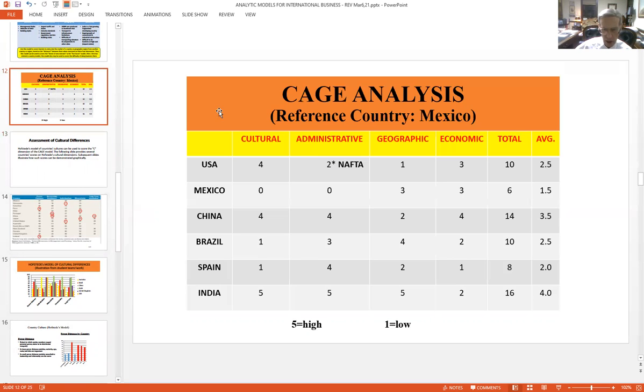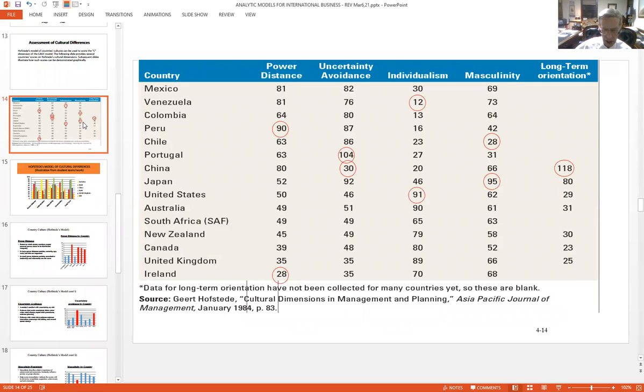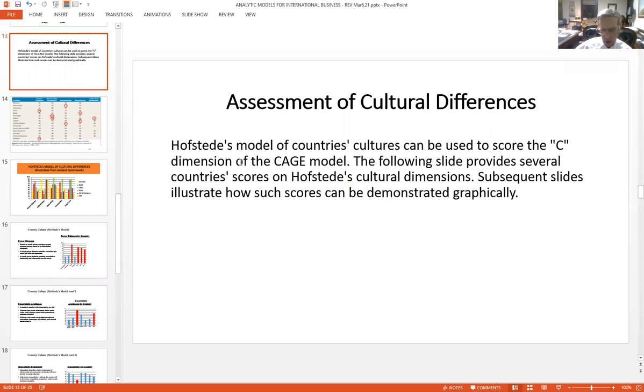A question will arise: how do you assess the cultural differences in Ghemawat's model? And by the way, all of this is really useful in an international analysis. One way to do it is to use a framework given to us by a guy in Holland, I believe, Geert Hofstede.